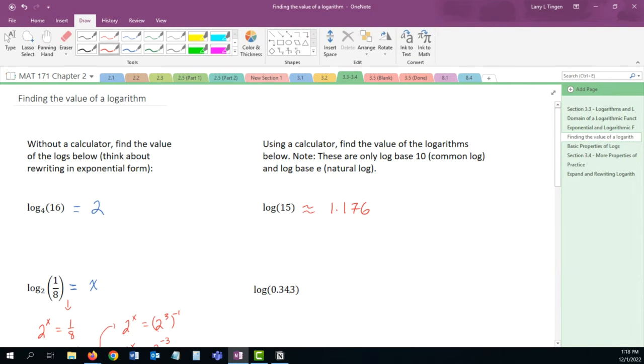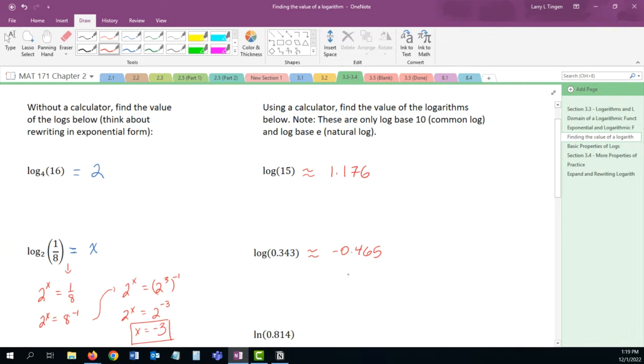Log of 0.343. Think about that one for a second. What do I raise 10 to get 0.343? Well, it can't be anything greater than 1 because 10 to the first power is 10, and this is less than that. So when you plug this in, you're actually going to end up with a negative answer. And that is fine, because what does that negative answer mean?